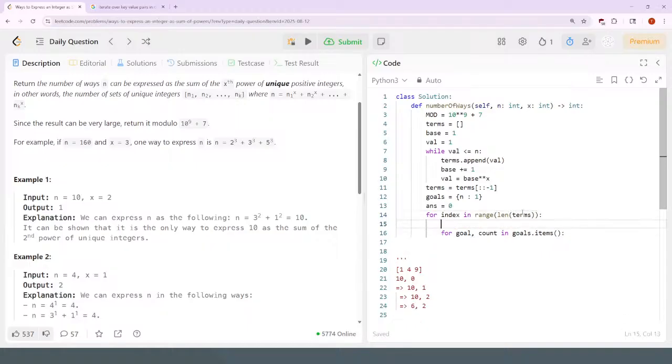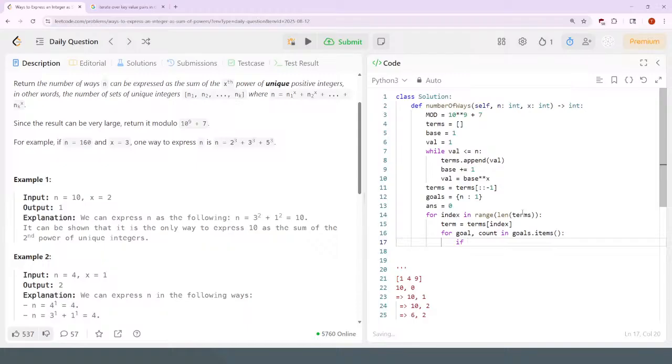So this index will have some term value. I guess I can just iterate over the terms, maybe. I'll just use this for now. So I either will subtract or not subtract.